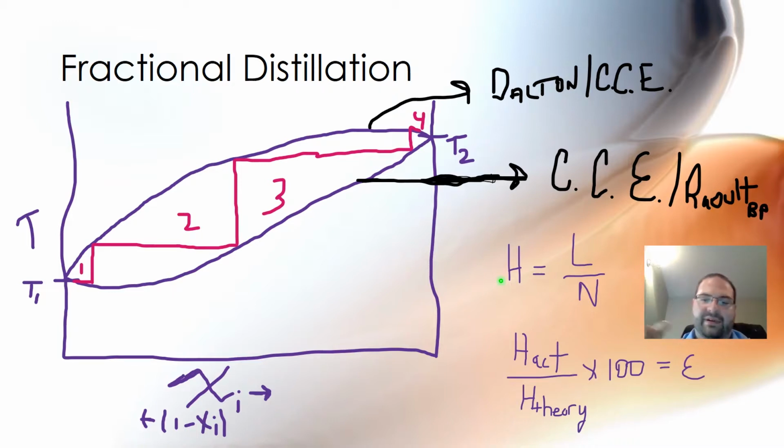Now the bottom curve is generated from a combined Raoult's law being used for the normal boiling point and adding in substitutions of the Clausius-Clapeyron equation, and then the top part is more Dalton's law derived from variations on the ideal gas law with substitutions of the Clausius-Clapeyron equation.